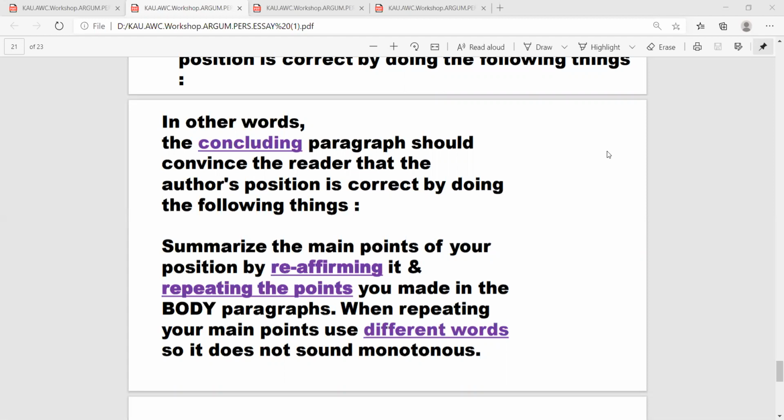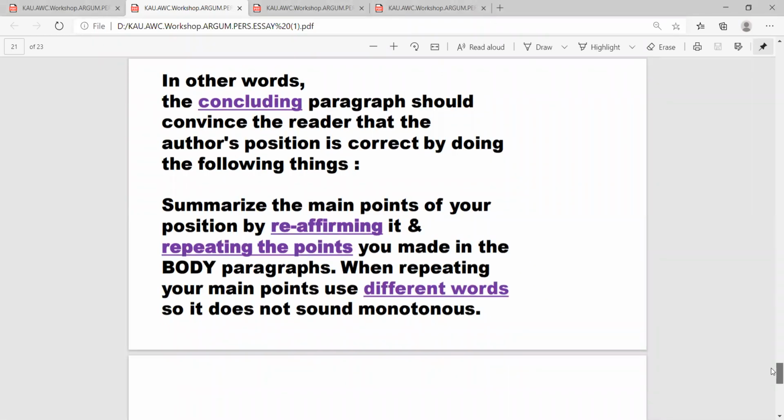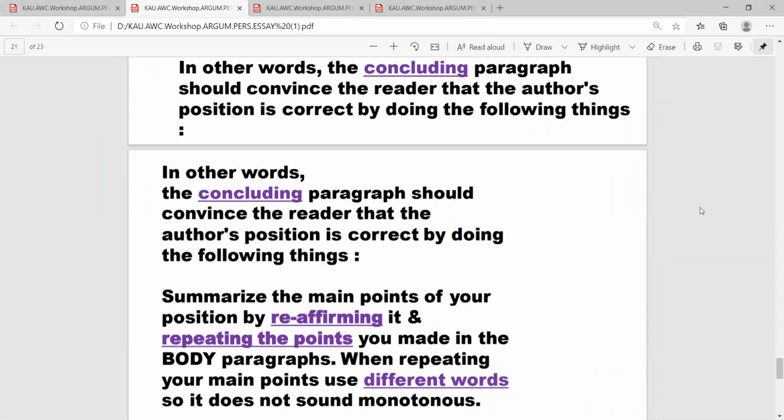Okay, but of course, when the reader is reading, it is clear to the reader that the same words are being said, except in a different way, of course. You're changing the vocabulary. Hopefully, as I said before, the vocabulary you will use to convince the reader is a little bit better in the concluding paragraph, okay? What I mean by that is, let's say in the introductory paragraph and the body paragraphs, I said that uniforms, for example, should be worn in school.